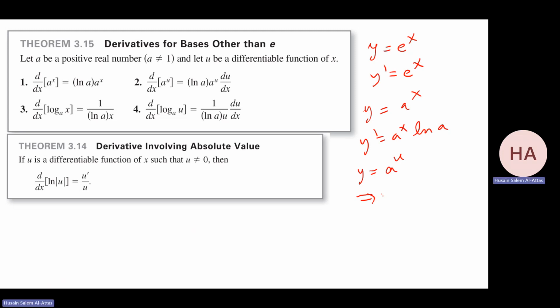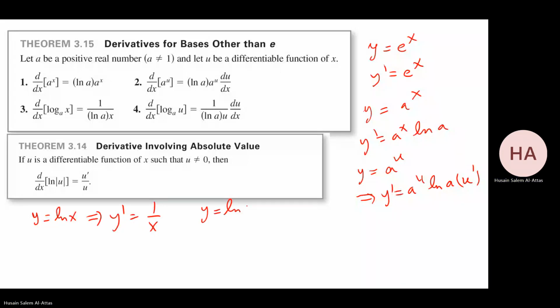And also if I have y equals ln x, y prime will be 1 over x. If I have y equals ln u, or ln absolute value of u, y prime is 1 over u times u prime.